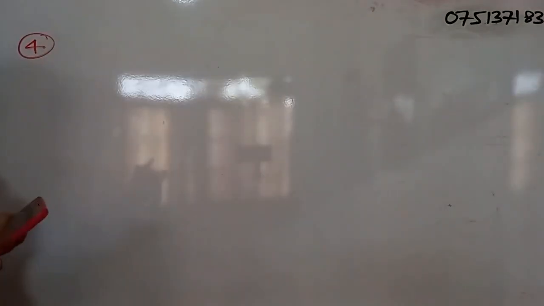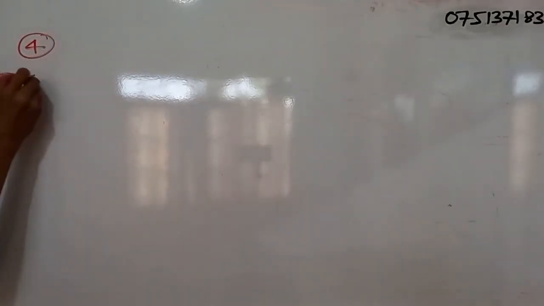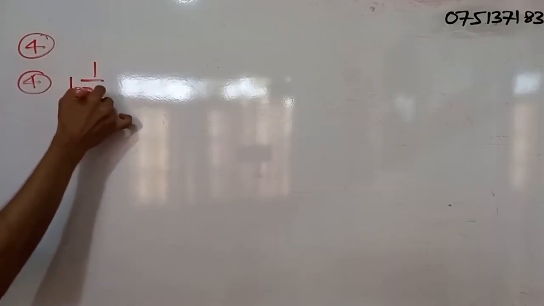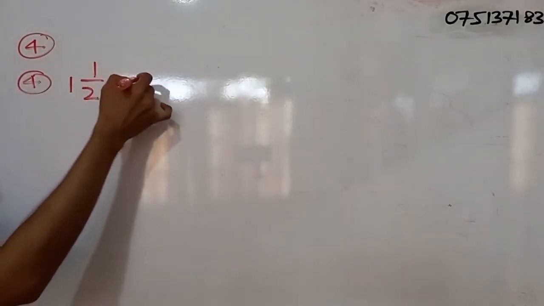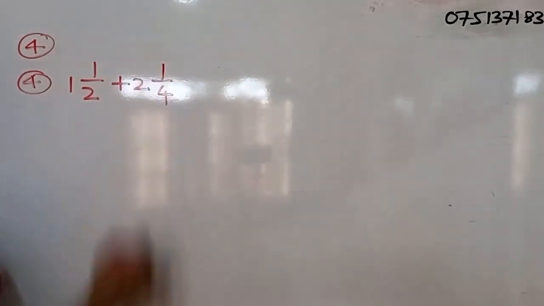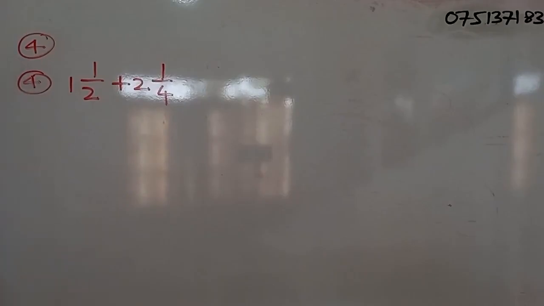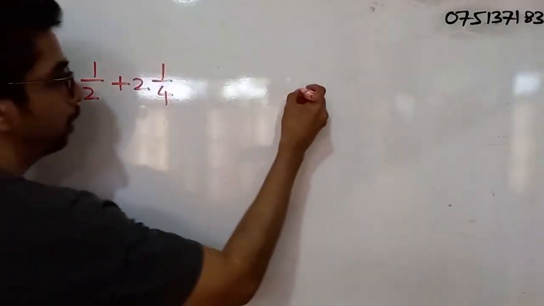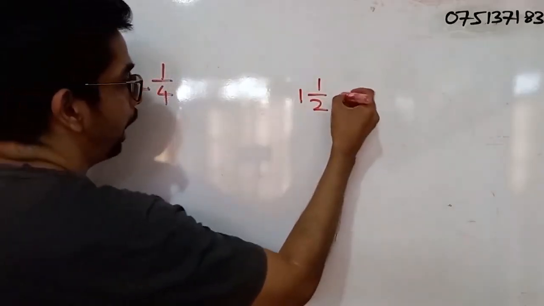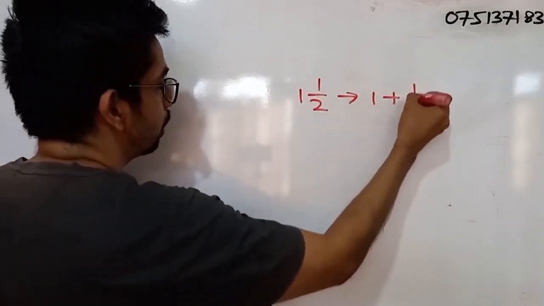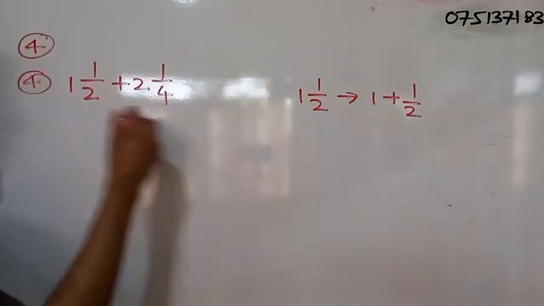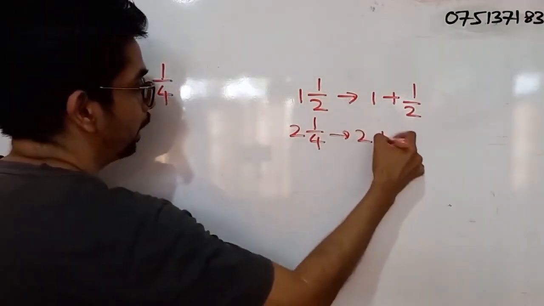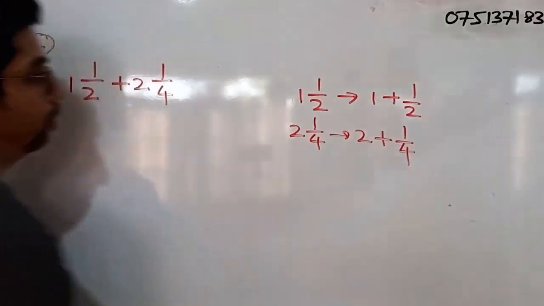Right. Okay. Part 4. So we have 1 and 1 by 2 plus 2 and 1 by 4. Right? So we know if we take this mixed number 1 and a half, I can break it into what? 1 plus 1 by 2. Here also the same thing. 2 and 1 by 4, I can break it as 2 plus 1 by 4.